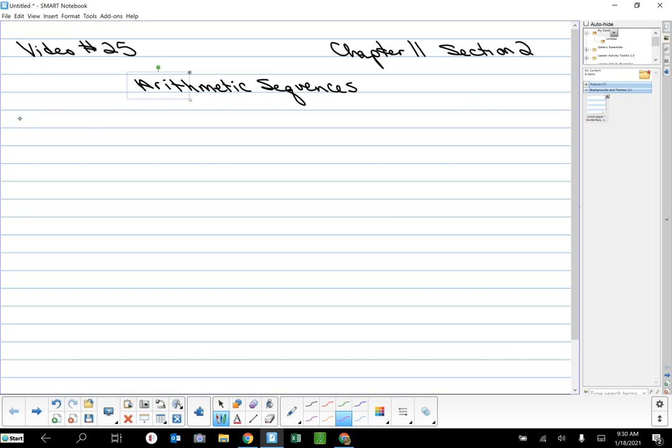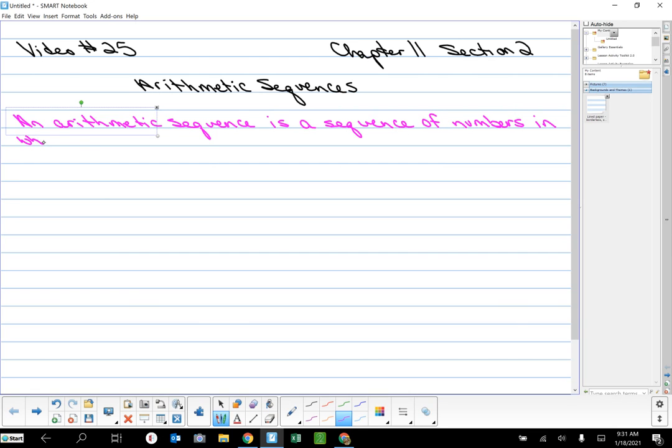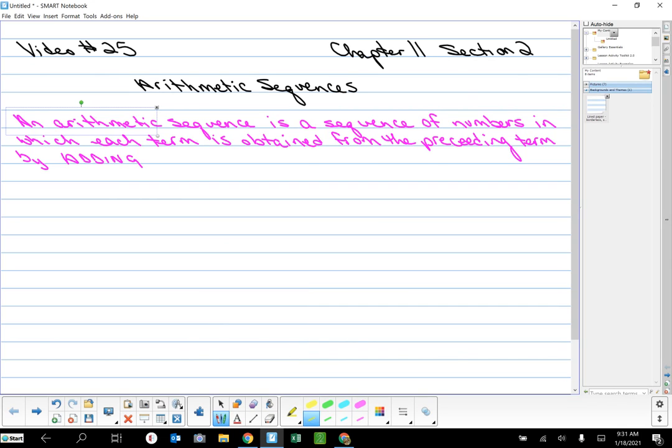So, the beginning. An arithmetic sequence is a sequence of numbers in which each term is obtained from the preceding term by adding, and that's actually really important, the same amount each time.